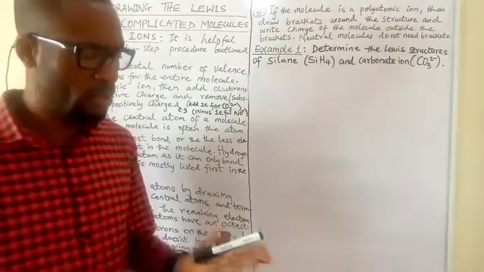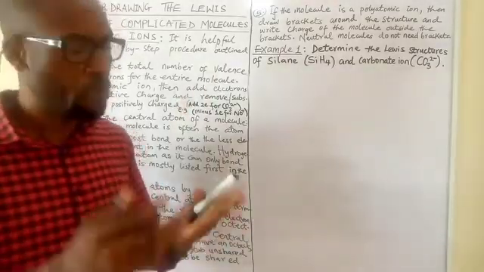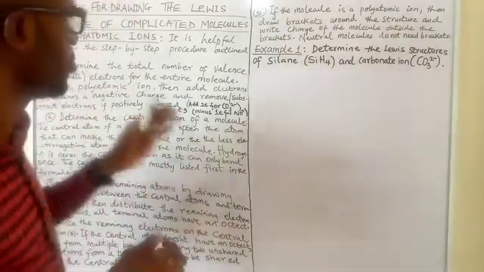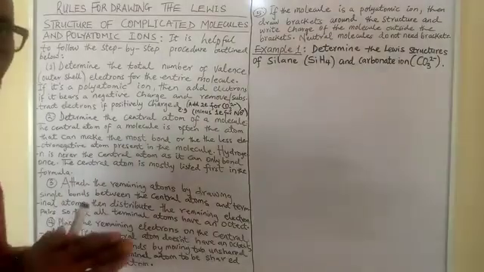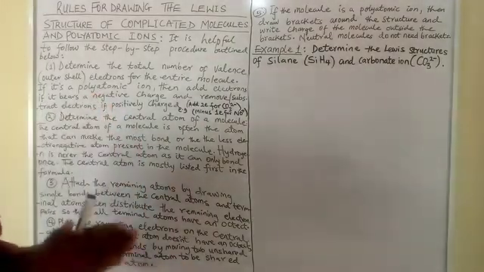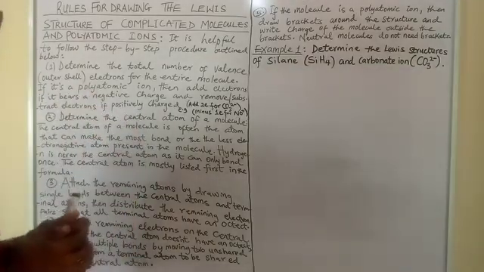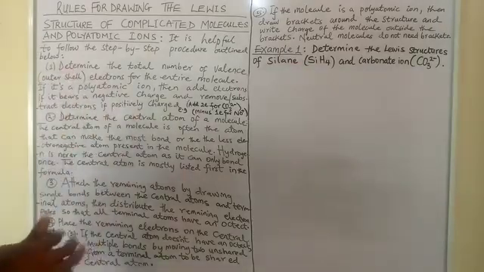We will not just draw it appropriately, mark my word, we will be able to draw it seamlessly. All right? So this stepwise procedure we must follow in drawing the Lewis structure of a given molecule or polyatomic ion is outlined as follows.